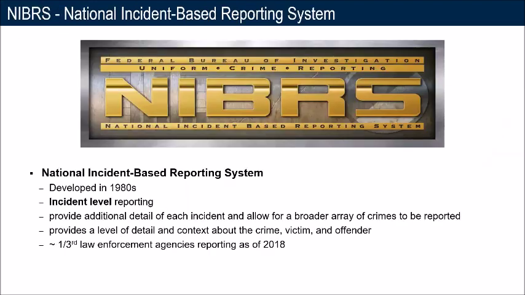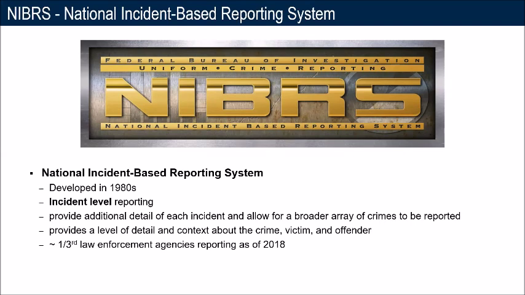To solve these issues, the government came up with NIBRS, the National Incident-Based Reporting System. This is a modern system, developed in the 1980s versus the 1920s. It gives you incident-level data, provides much more detail on each incident, and allows for a broader range of crimes to be reported.